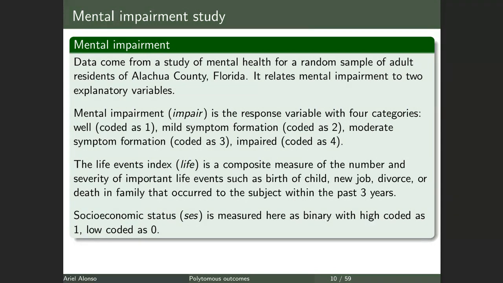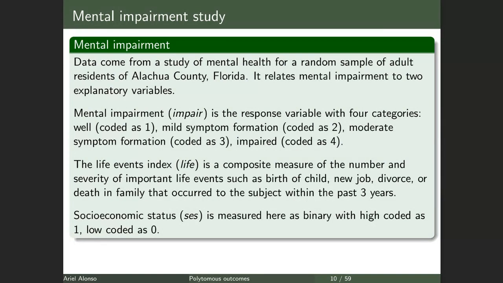And then we want to see the impact of two covariates on mental impairment. The first one is an index, a life index. And what is that? That's a composite measure of the number and severity of important life events that this person has suffered. For instance, like the birth of a child is an important life event.